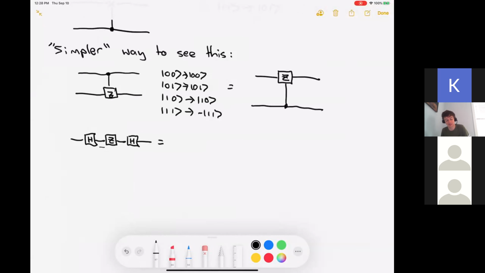That's exactly the same thing as just applying an X gate. Similarly, HXH is the same thing as applying a Z gate.